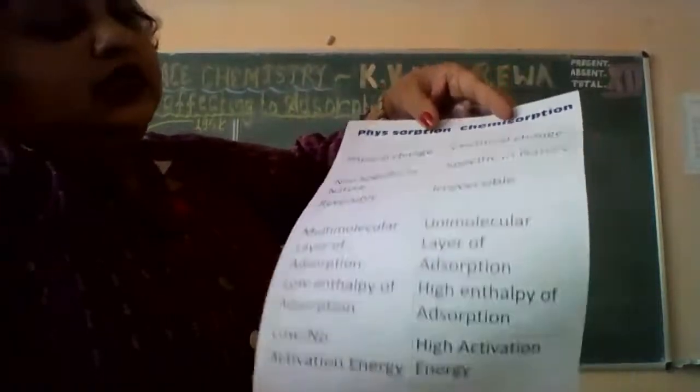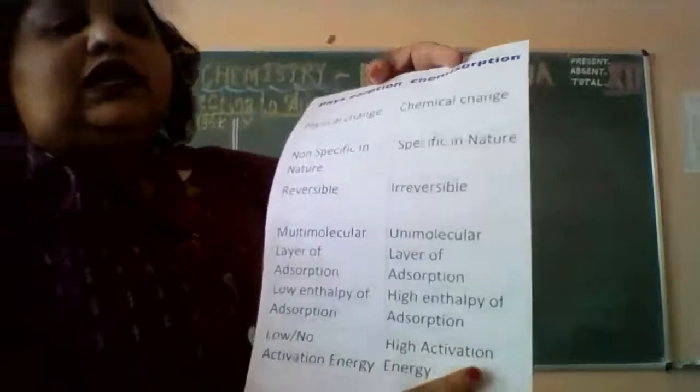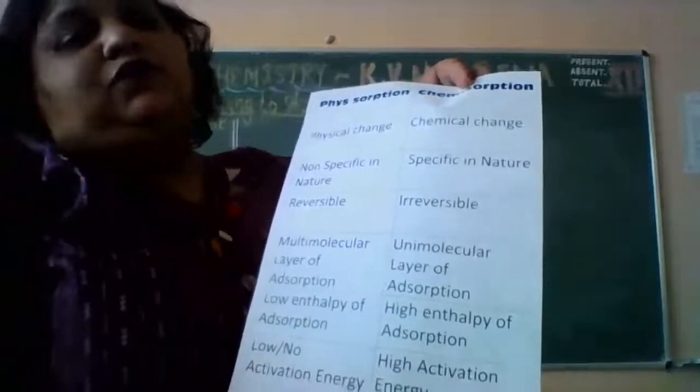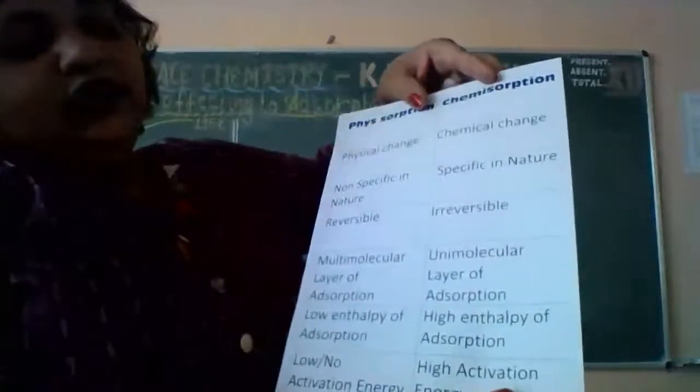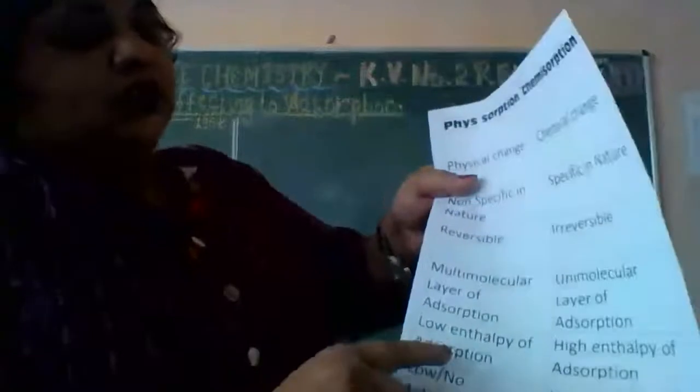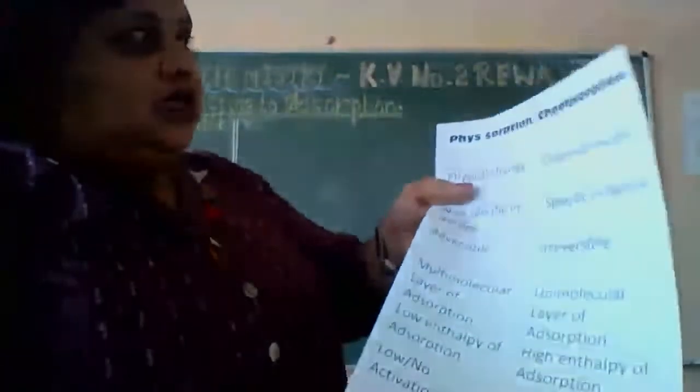This is a multilayer. Since chemisorption is associated with chemical bonding, once it forms, one molecular layer is formed, that is unimolecular. Low enthalpy of adsorption is required here. High energy is required here.